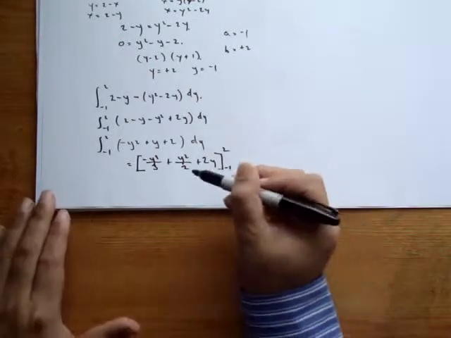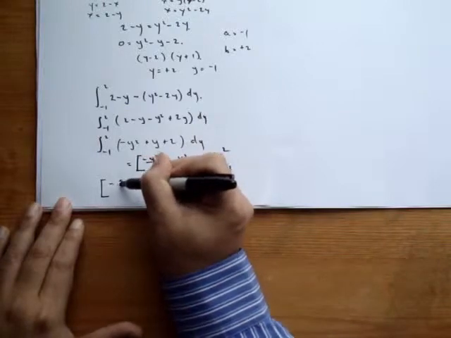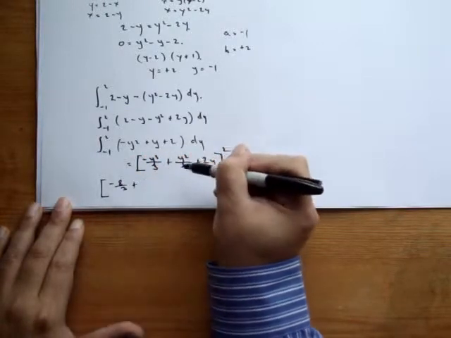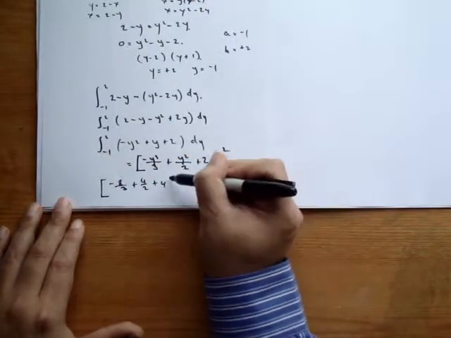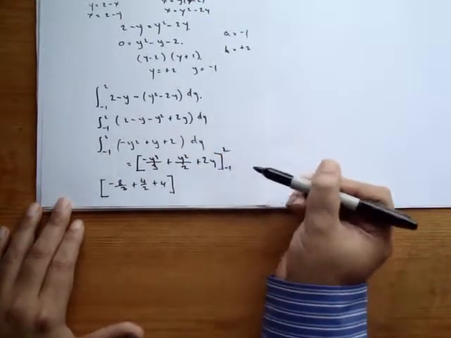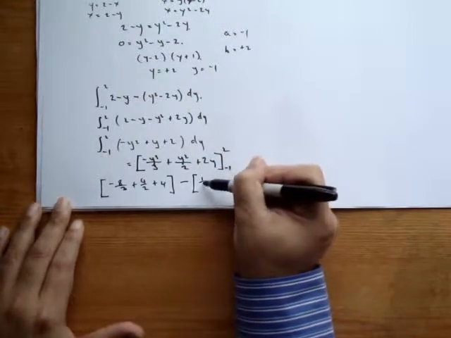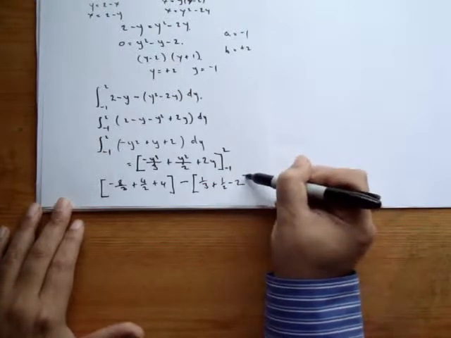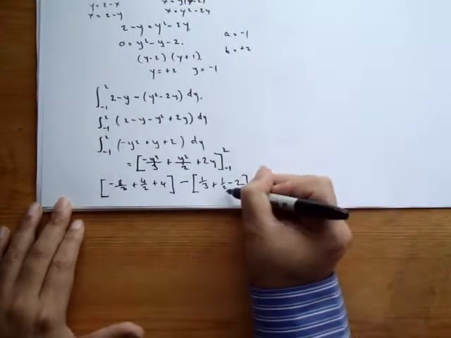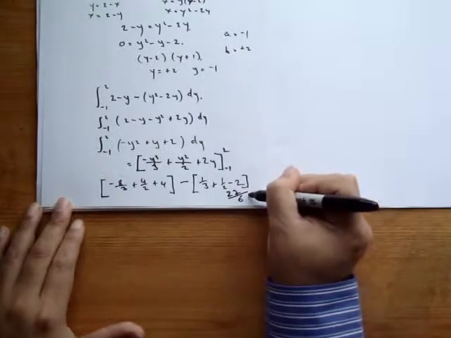When we put the limits in, this becomes minus 8 over 3 plus 4 over 2 plus 4, that's using the 2, and then when we put in the minus 1, this becomes 1/3 plus a half minus 2. And then we work that out, the answer is 27 over 6 units squared.